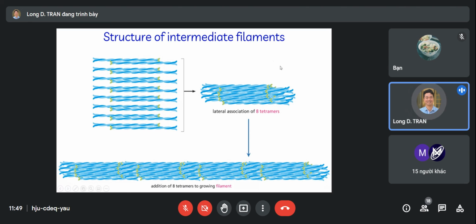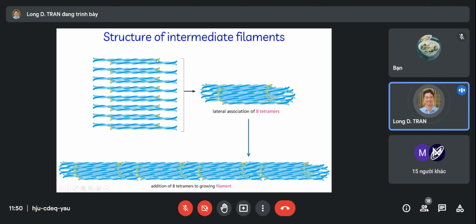So the formation of intermediate filaments is not very well known. Some models suggest that 8 tetramers can combine together to form a bundle, and this bundle of 8 tetramers will interact with each other through the staggered region to form a large filament.